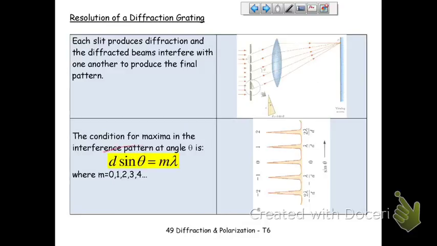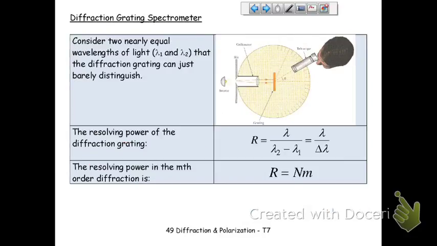And so I have the same equation, m lambda equals d sine theta. D now is, well, before it was the distance between the slits. Now it's the distance between the lines, we call it. Okay? I can use this instead of a prism.